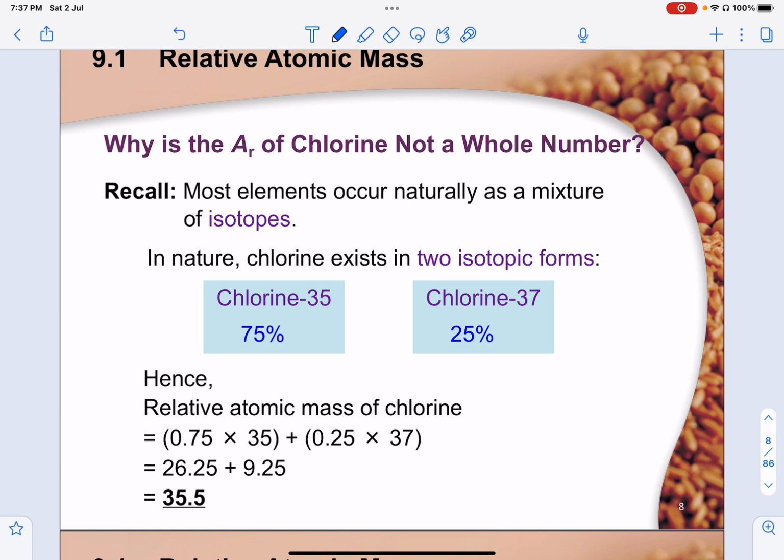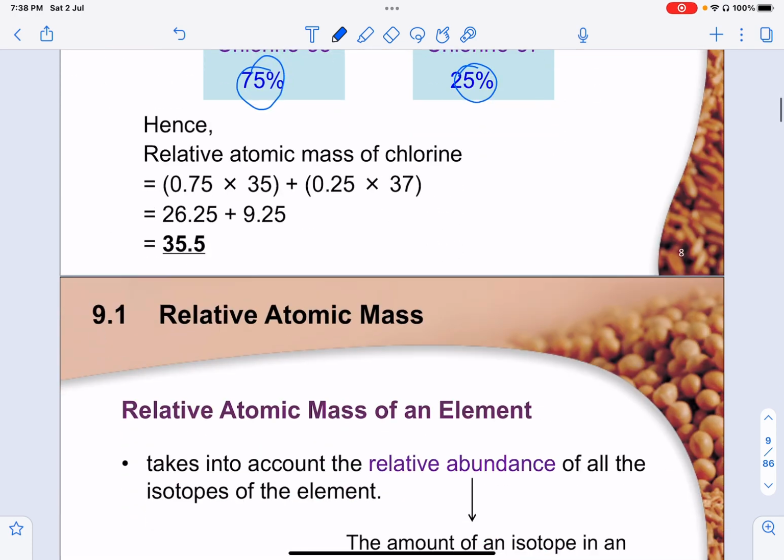Another thing we look at over here is this 75 and 25%, meaning the abundance. So let's say we consider again a basket of chlorine. 75% of the chlorine fruit will have mass 35, and 25% of the chlorine fruits, in a fruit basket analogy, will be 37. So what we do is take the average to calculate the relative atomic mass of chlorine.